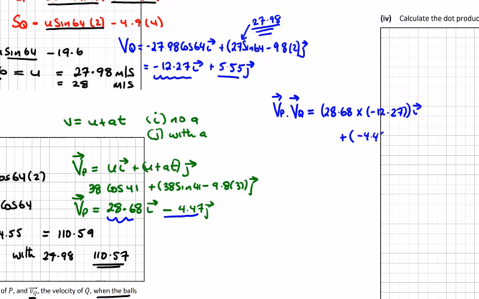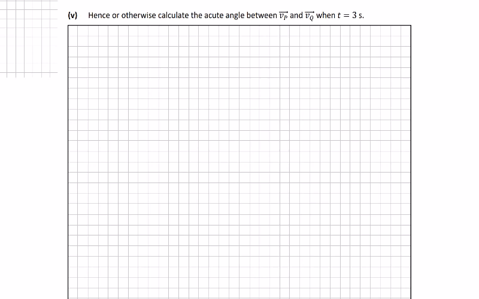So this dot product, we don't need the I and the j, is going to give minus 376.71, leading to the last part, which is hence or otherwise calculate the acute angle between these lines.